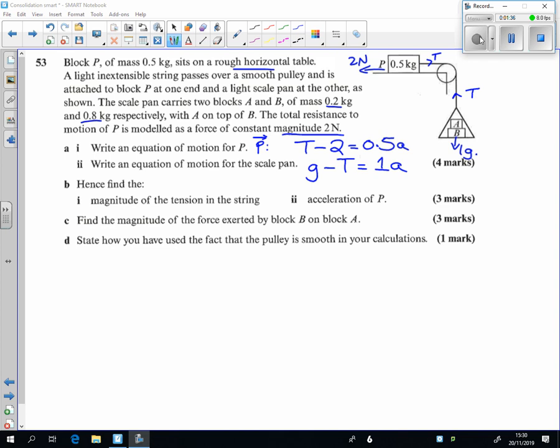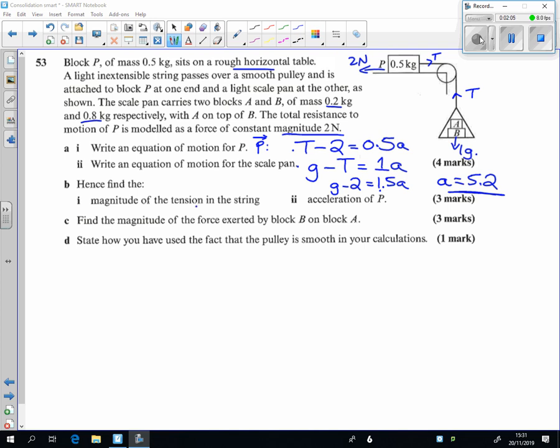If we add these two equations together now, then you can see that the T's would cancel out, and I'm going to get g take away 2 equals 1.5a. And so a is, look, 9.8 take away 2 is 7.8. 7.8 divided by 1.5, I can get the acceleration is 5.2 meters per second squared.